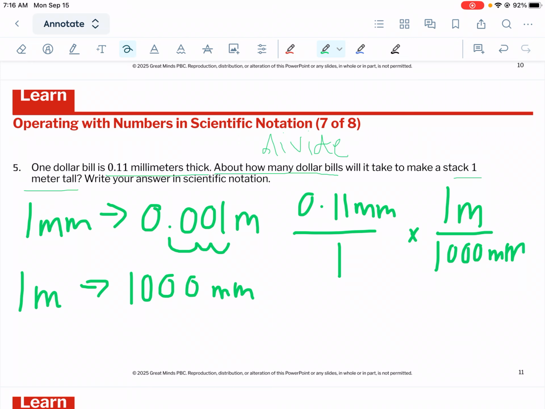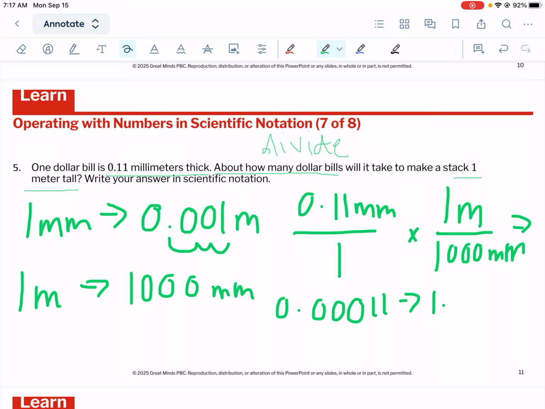We're just going to put that conversion here. You should have learned how to do this back in 7th grade, conversions. If I convert a little bit and I do 0.11 divided by 1,000, that will give me 0.00011.